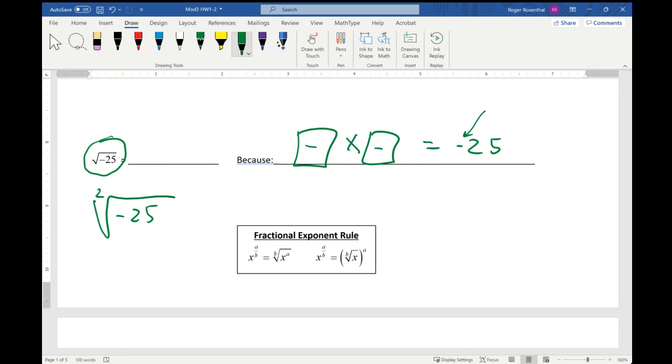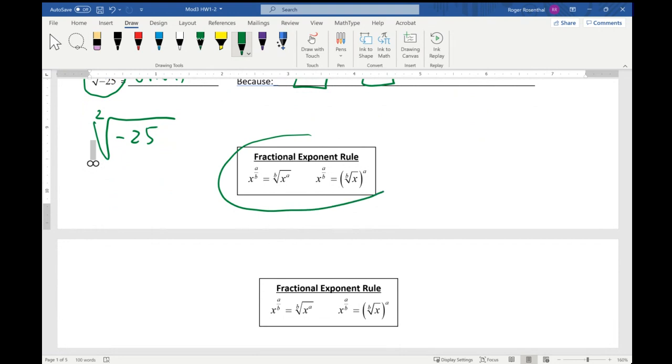No, because a negative times a negative will also give you a positive, it won't give you a negative. There's no way in the world you can take a square root of a negative. Let's just say this is undefined. We'll have a lot more to say about that later, but not at the moment.